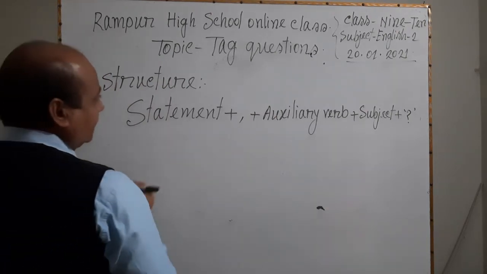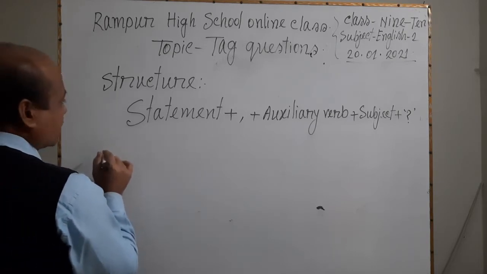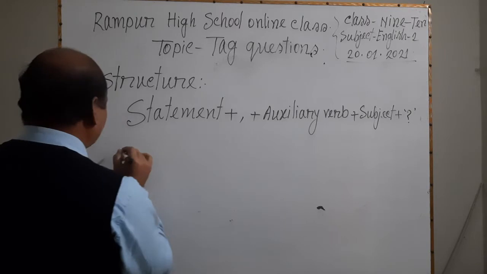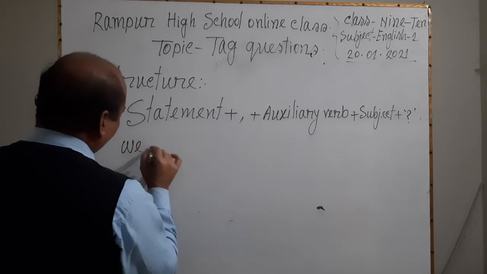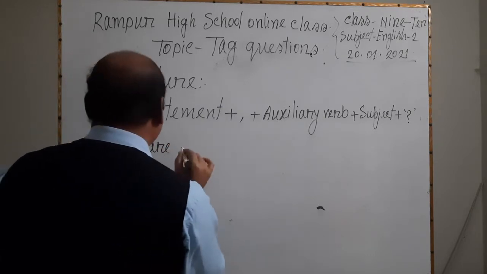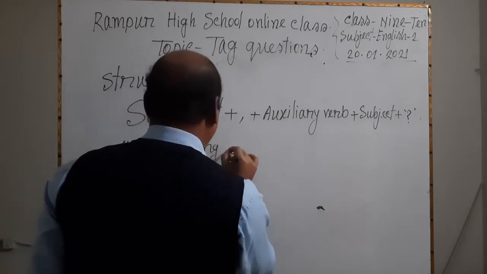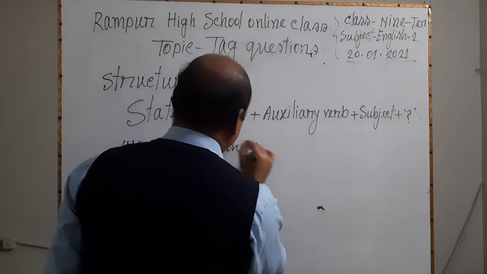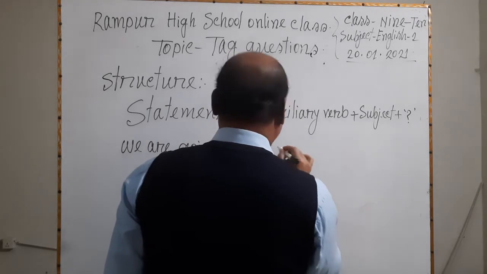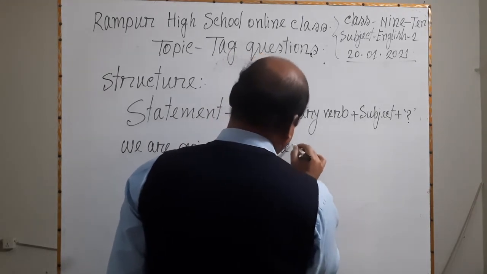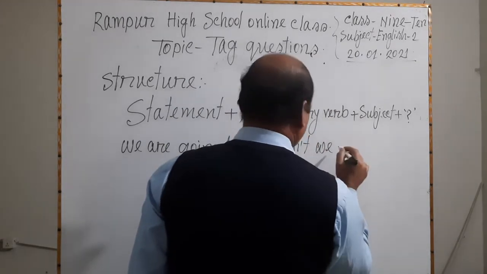According to the structure, I will show you an example. 'Going there', comma, 'alone', 'we'.